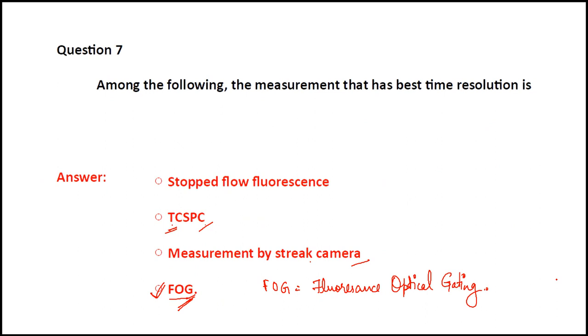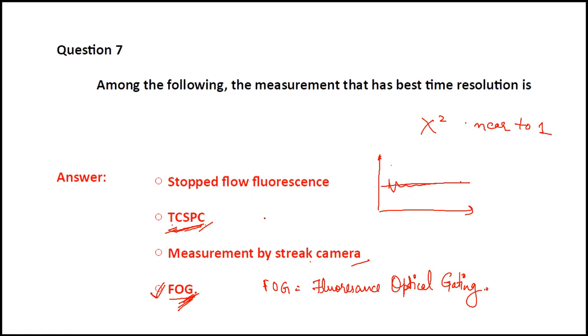Since each instrument has its own pros and cons, first of all, the spectra you get in TCSPC is far better. In TCSPC, if the value of chi-square is close to 1, you will get somewhere like a straight line, and not any disturbance.